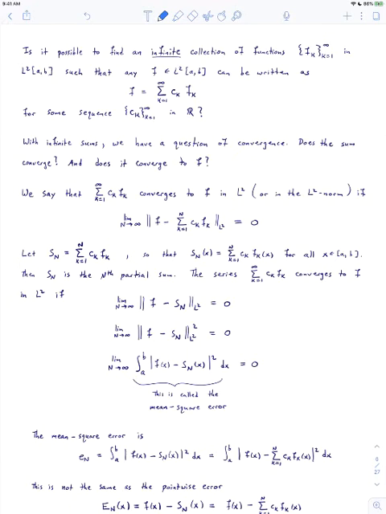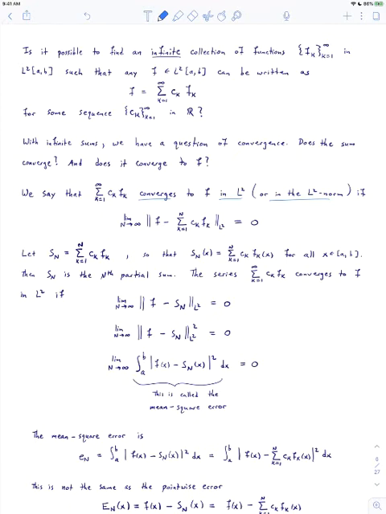So we say that this sum, ckfk, converges to f in L2, or in the L2 norm, if the limit as n goes to infinity of f minus this, what we can call a partial sum, goes to 0, if the norm of that difference goes to 0. So a norm measures distance in some sense.